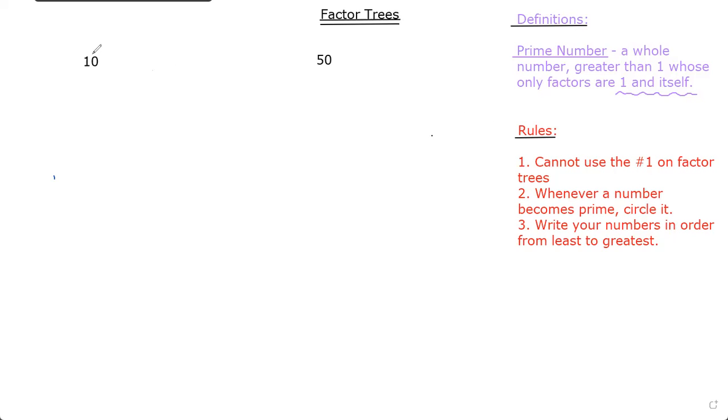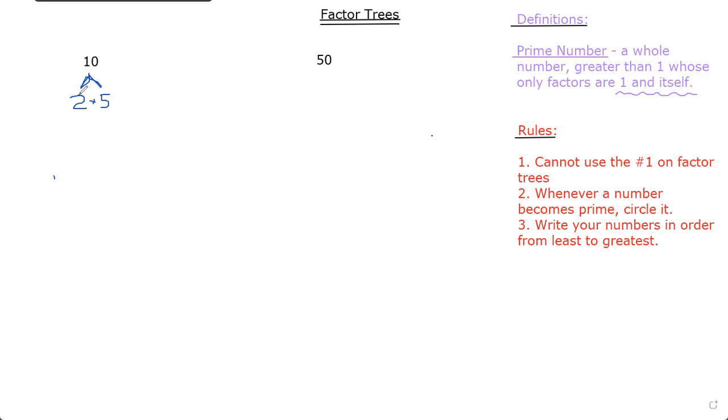So let's first look at the number 10. So I'm going to make my first little mini Christmas tree. Oh yeah, my Christmas tree is going through some things. And all I have to ask is, what two numbers equal 10? The only thing is I cannot use the number 1. Okay, well that's fine. 2 times 5. Now you can put a little multiplication sign there if you want to, but you don't really have to.